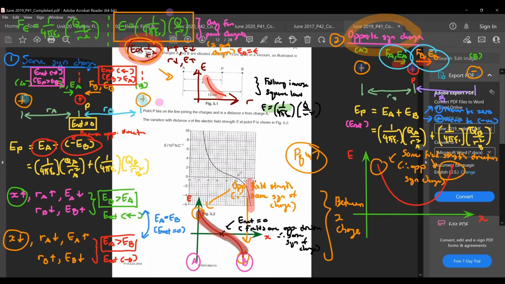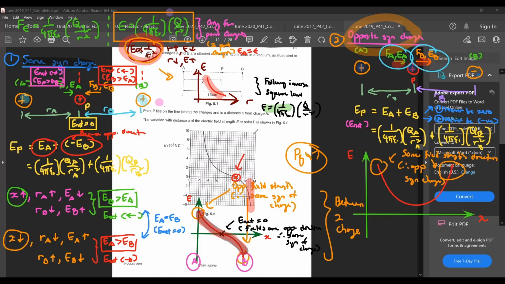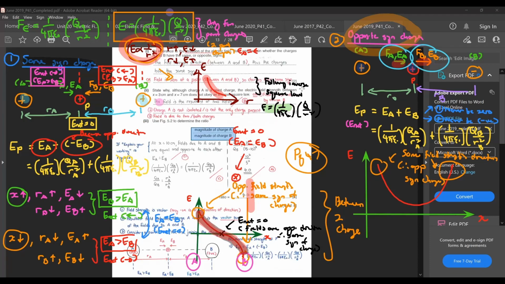Meaning on your graph, this point here is where your E net is 0. This implies the field due to A is equal and opposite to the field due to B. So from there you can find the ratio of your charges already.